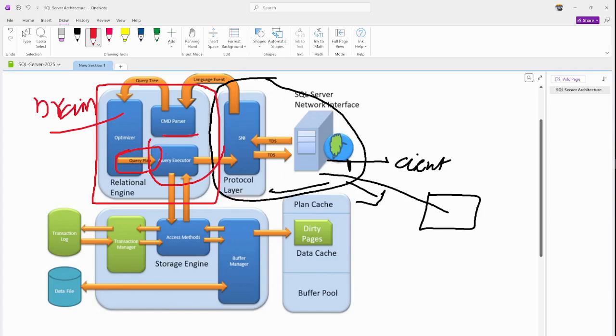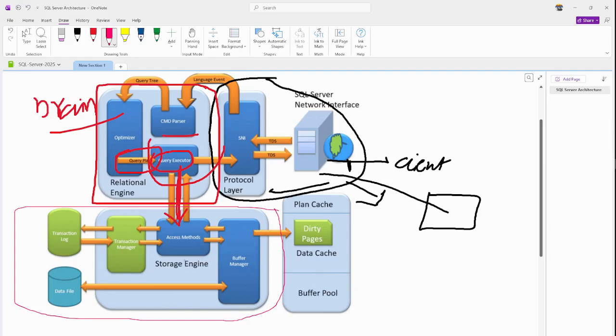Then you have a query executor. This will execute the chosen query plan by requesting the data from the storage engine. Okay. Now you give me the data. So now you are going into the storage engine. So this will pass on to the storage engine.